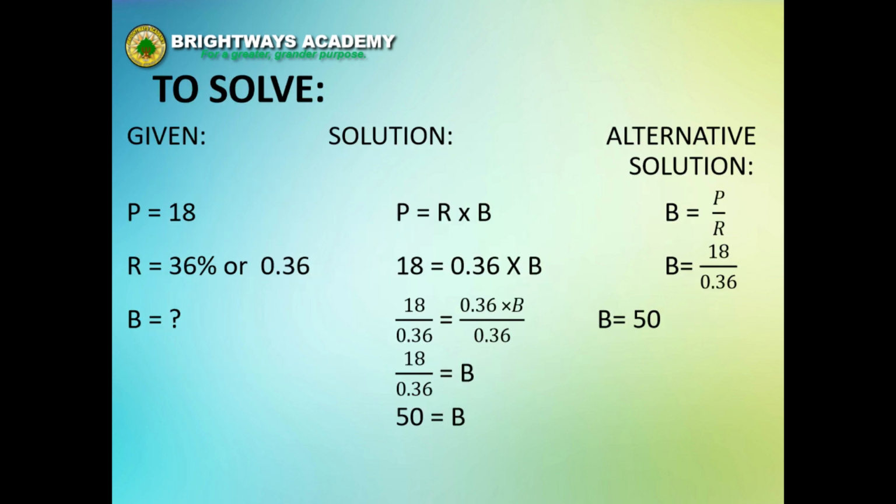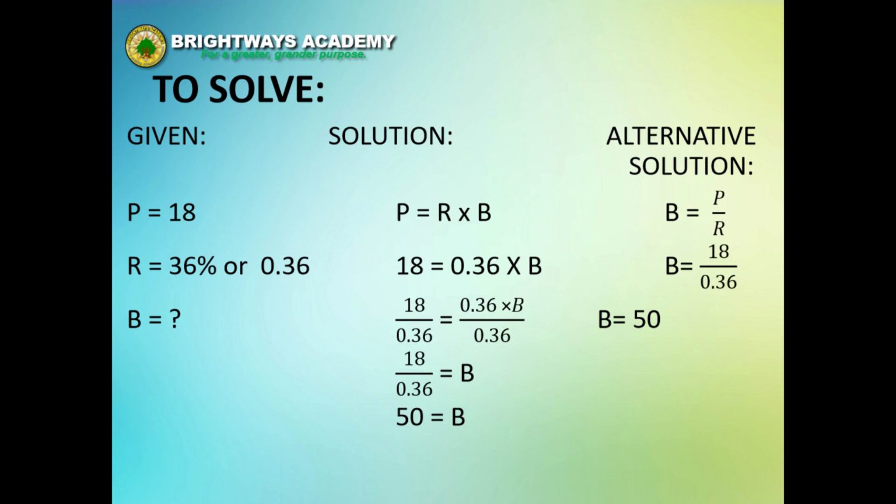Let's solve the problem. Again, when we are solving a problem, we need to find first the given. We have the given: percentage is equal to 18 and rate is equal to 36% or 0.36. First we use the formula P is equal to R multiplied by B. Substitute the given to the formula.